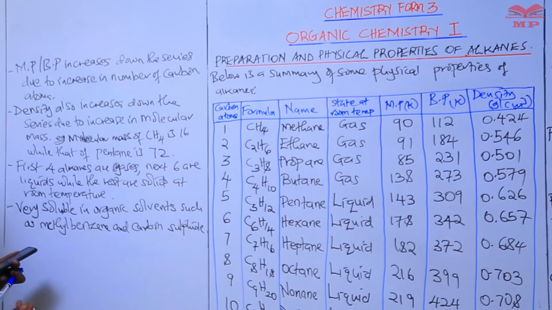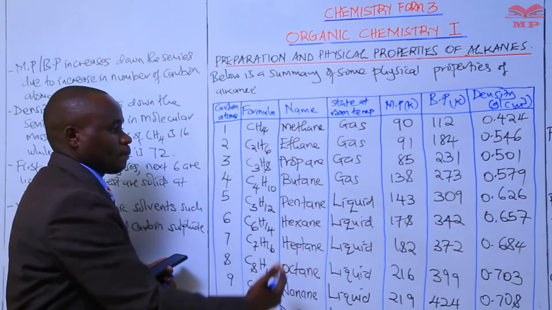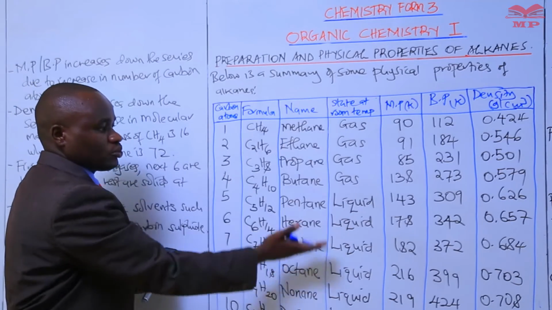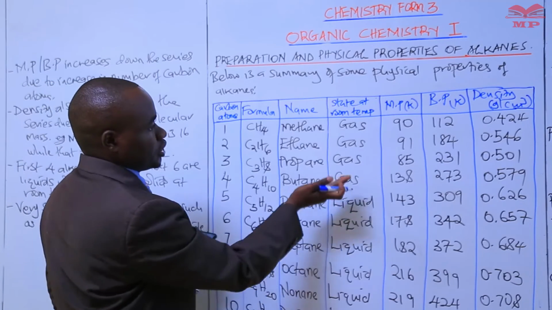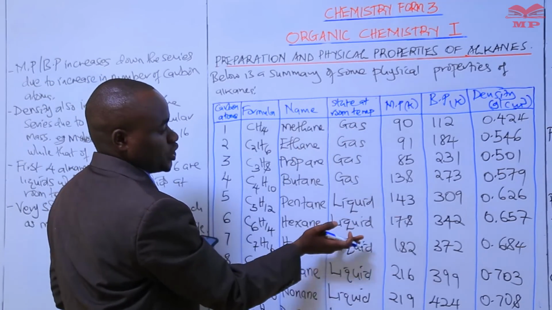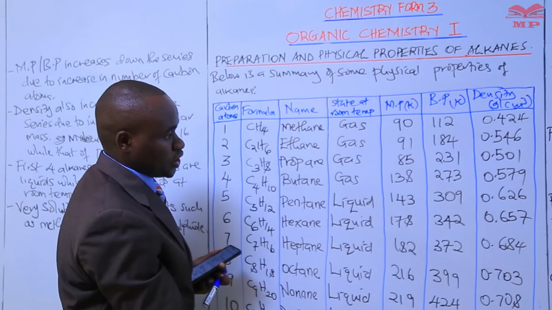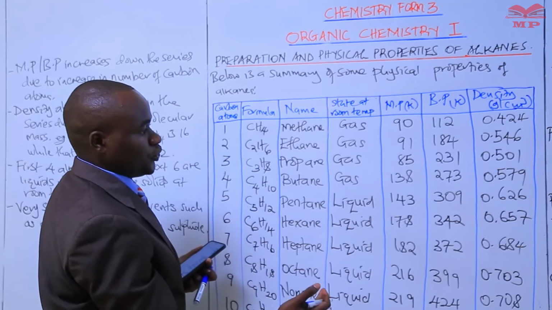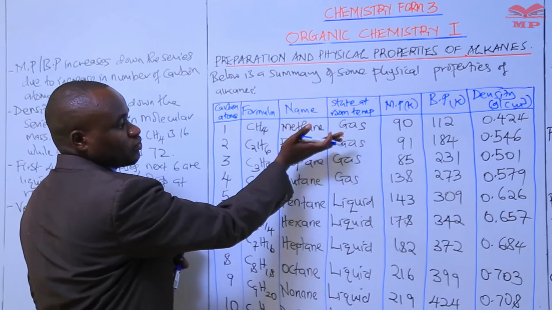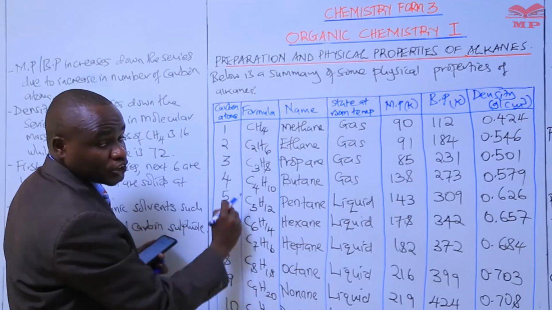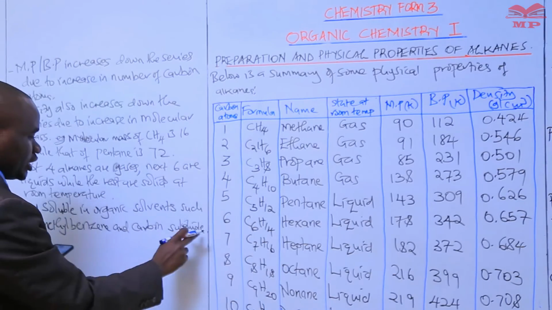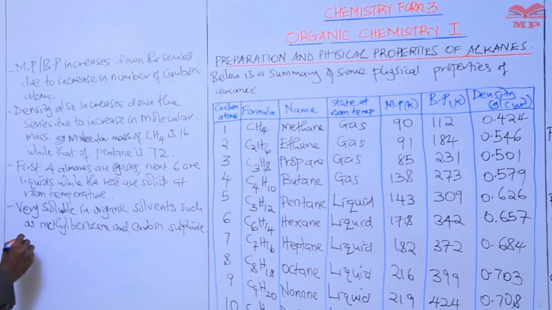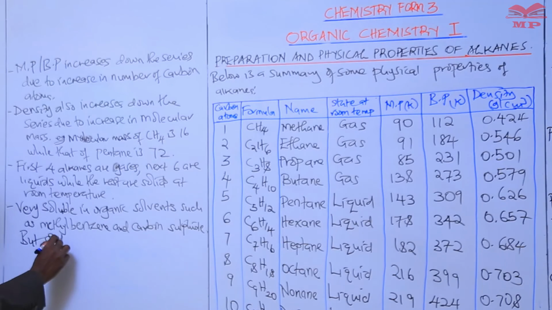So in terms of the comparison of solubility, as you move down the group or the series we have seen, there is a change of state from gas to liquid and then to solid. So in terms of solubility, you will realize that as you move down the series, as the number of carbon atoms increases, the solubility decreases.